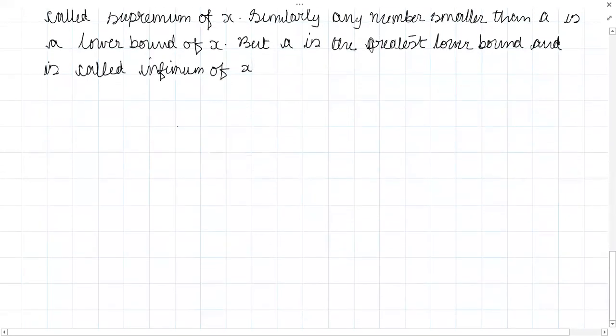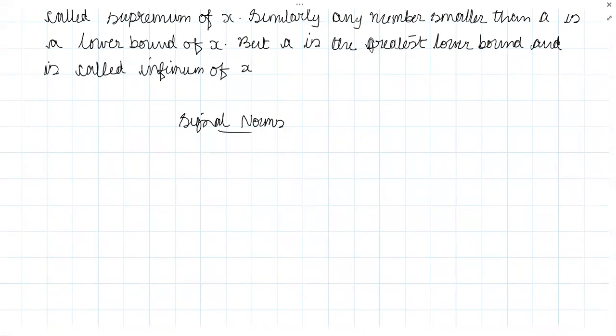So now we will go to signal norms. First we discussed vector norm, then matrix norm. Now we are discussing signal norm. As I said before, norm is a measure that will tell you how big or how small a vector or a matrix or a signal is. Say for example, our error must be small.